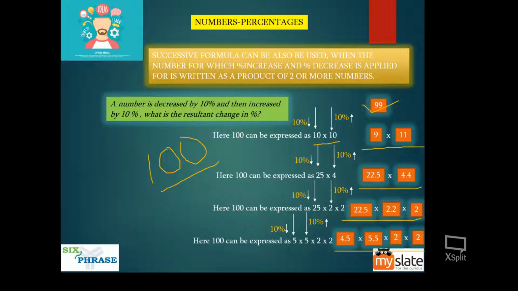So 100 can be written as 10 into 10, right? If you apply the percentage to this product, you will get the same answer. So 100, if expressed as a product of 2 or 3 or 4 numbers, when applied with the same percentage changes, will give you the same answer.